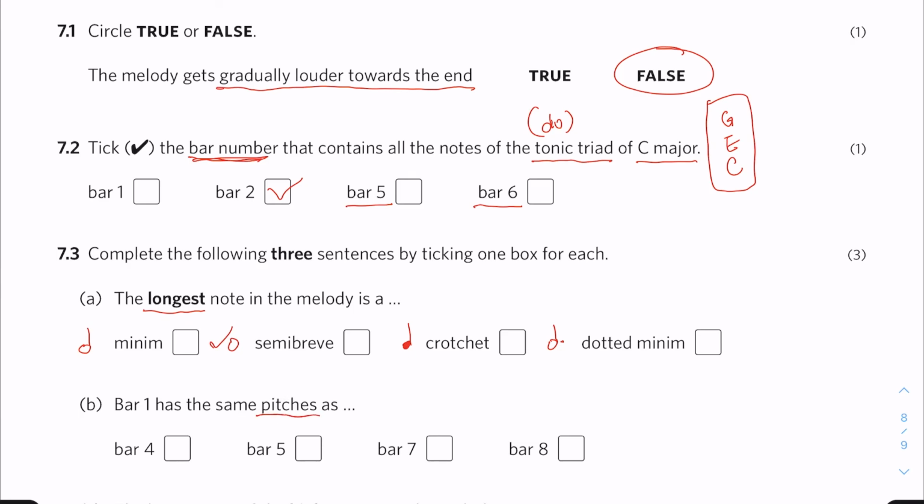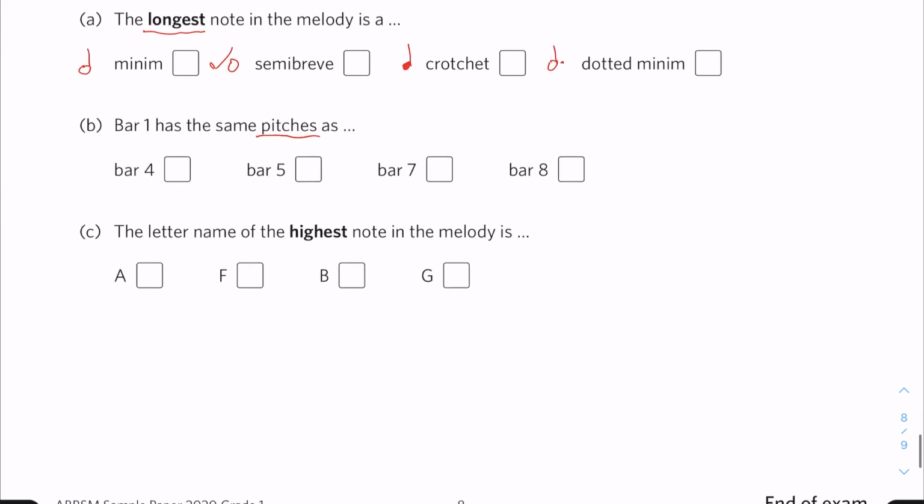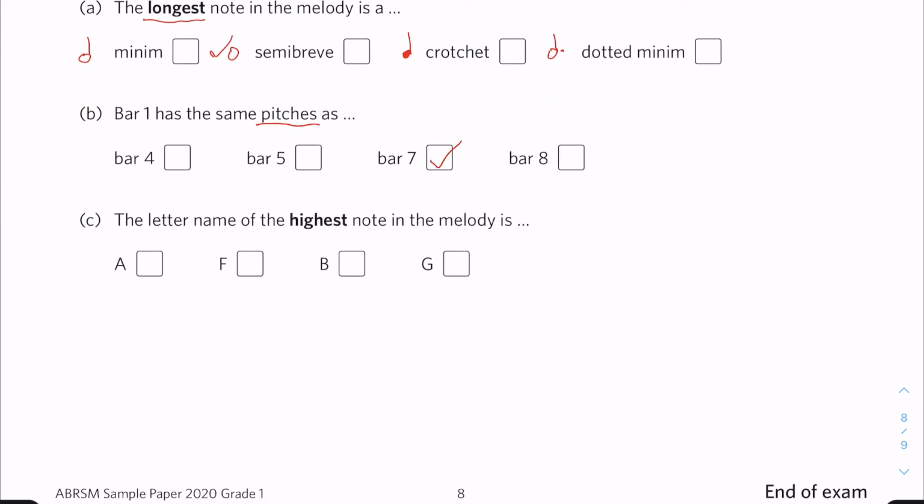Let's check bar 1. Bar 1 here we have in treble clef, C and B. This is a very simple question. We just need to find another bar that looks exactly the same as bar 1. Moving on to bar 2, 3, 4, 5, 6, 7. There we go. Bar 7 is exactly the same as bar 1, so they have the same pitches. So the answer is bar 7.